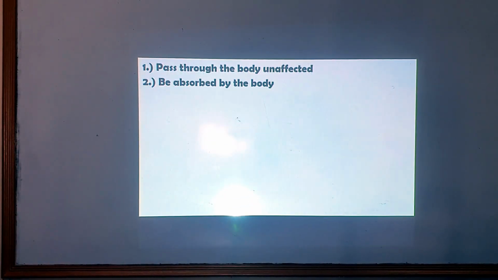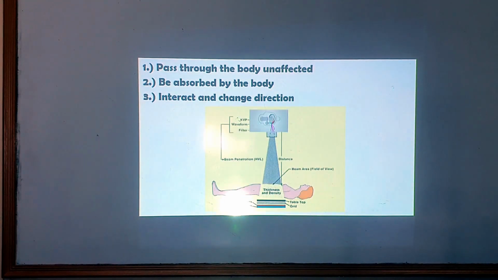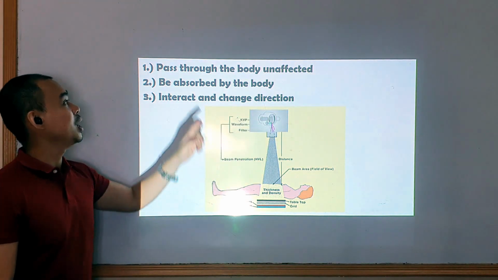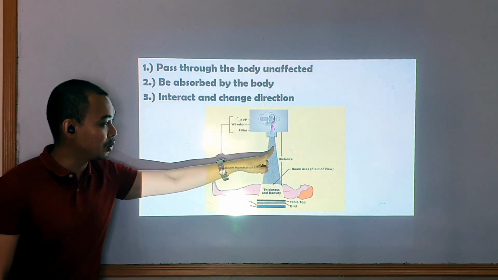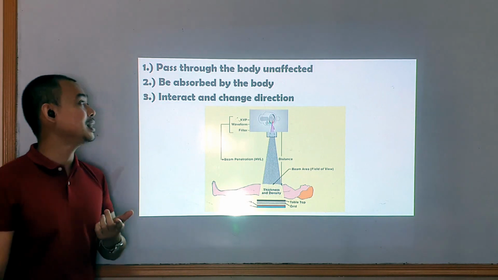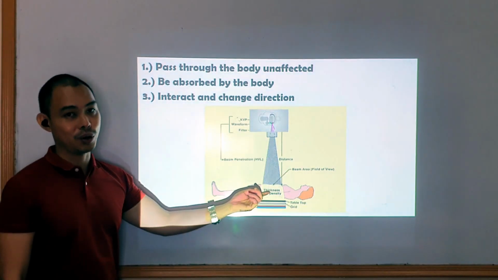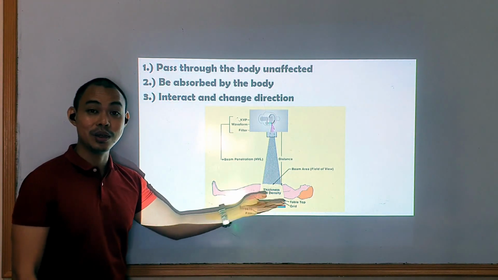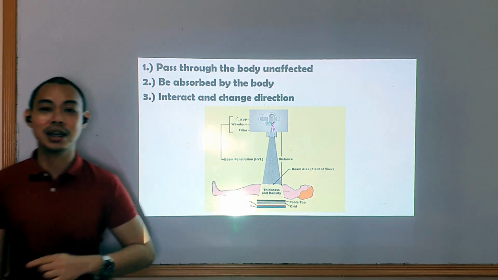So when X-rays pass through the body, one of these three things will occur with your primary photons that originated from your X-ray tube. Either the photons will pass through the body unaffected, second, it will be absorbed by the body, and third, it will interact with the body and change its direction.